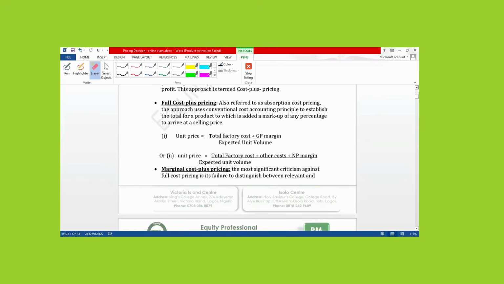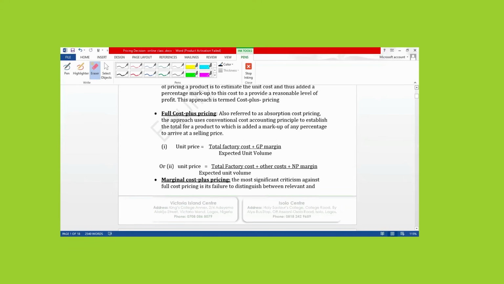How do companies determine selling price for their products? We explained that pricing is a very sensitive aspect of management responsibility.